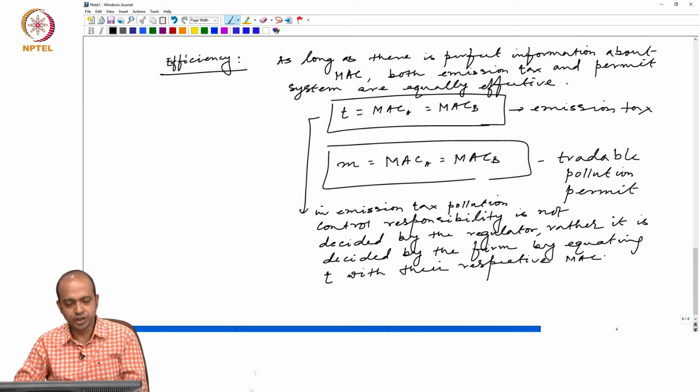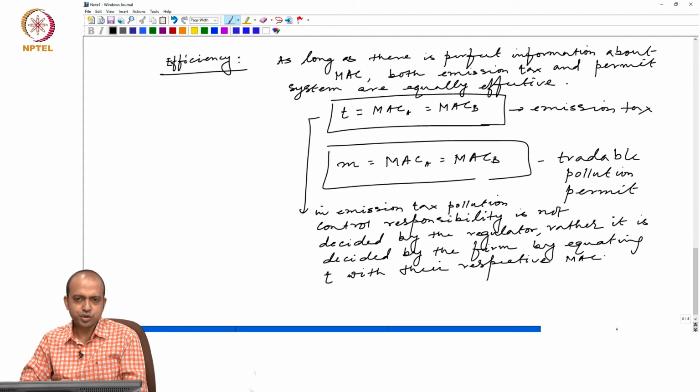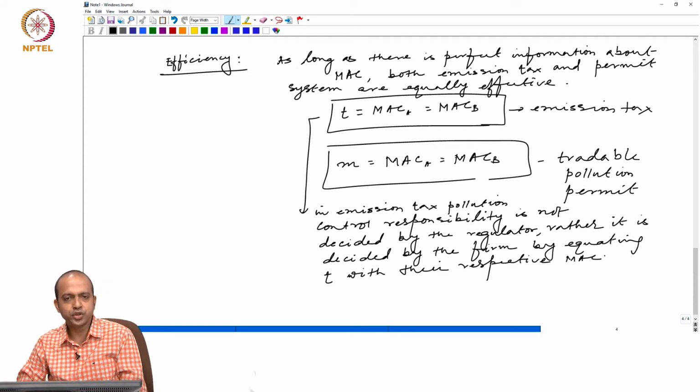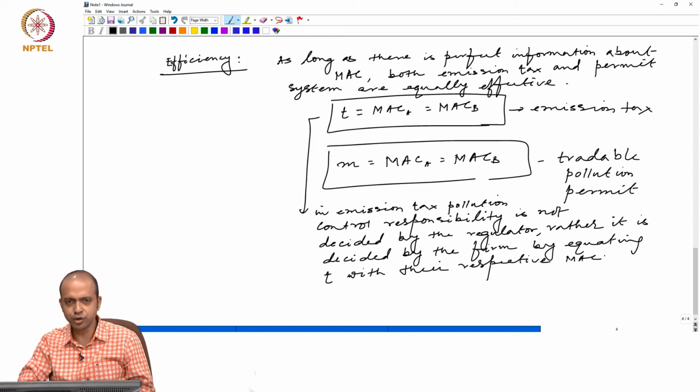Now, suppose instead of imposing emission tax, the regulator is equally distributing the pollution control responsibility.